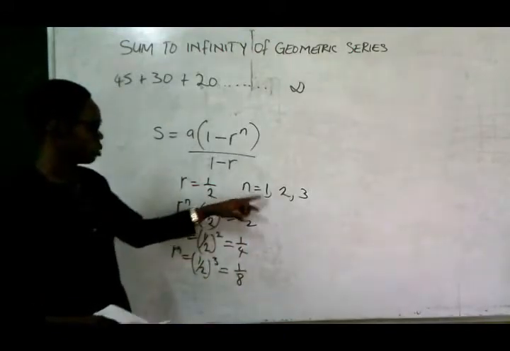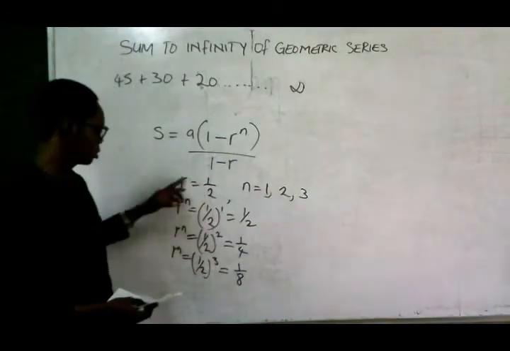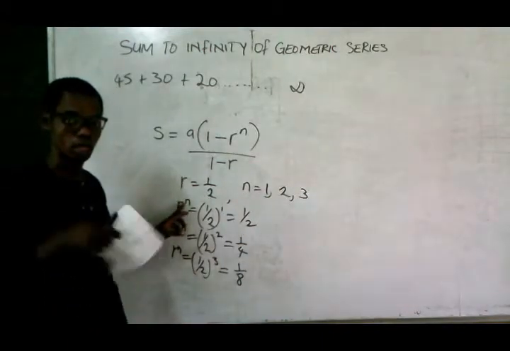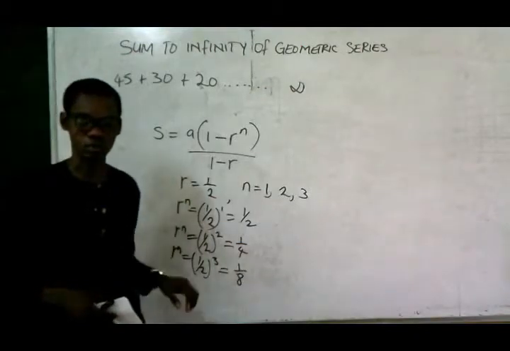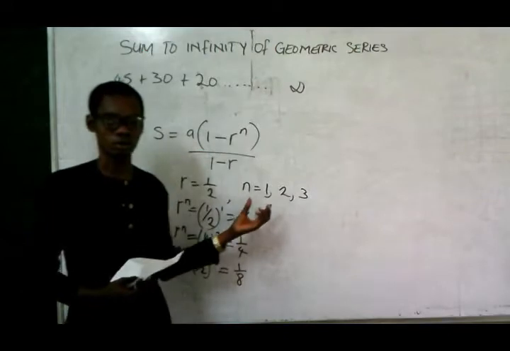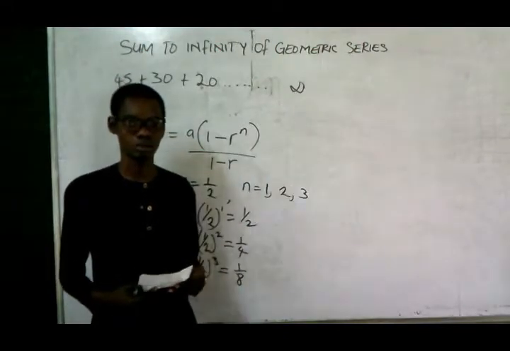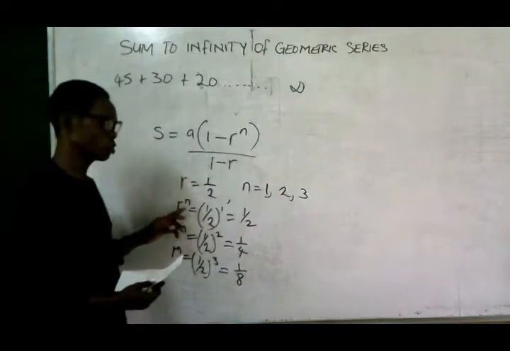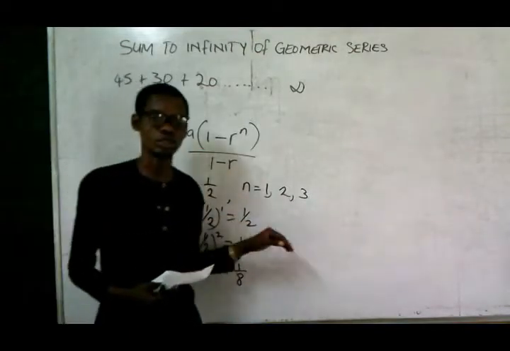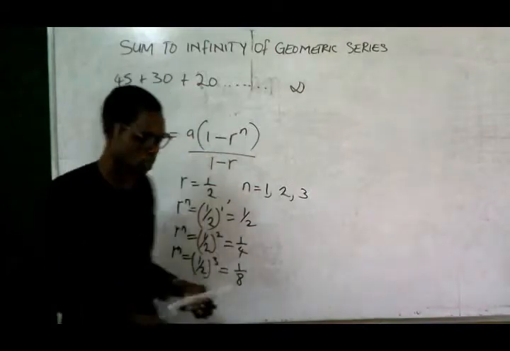Now, you will observe that as the number of terms continues to increase, the value of r raised to power n is decreasing. So it follows that if the number of terms continues to increase and tends towards infinity, the value of r raised to power n will continue to decrease and tend to 0. So why are we saying this?